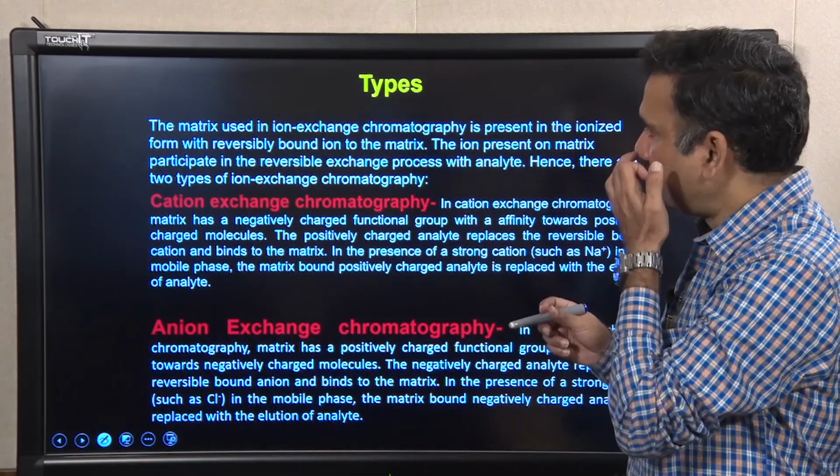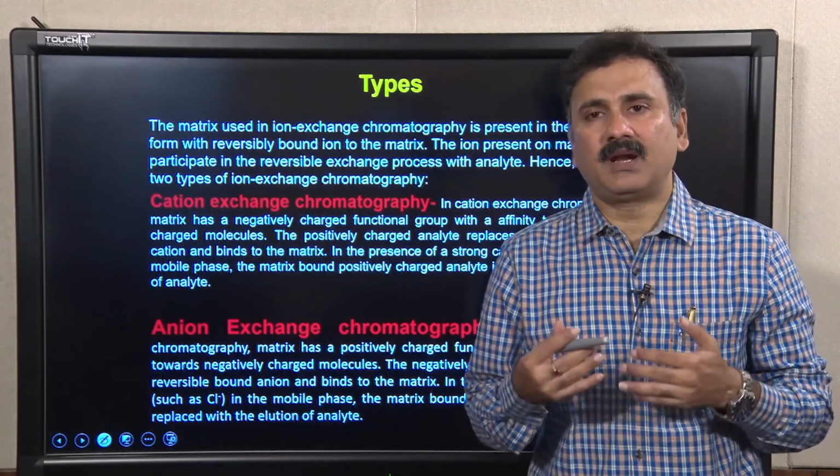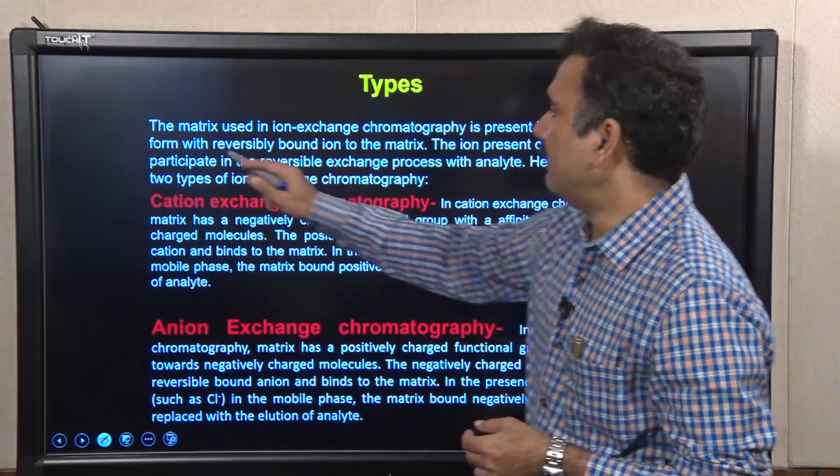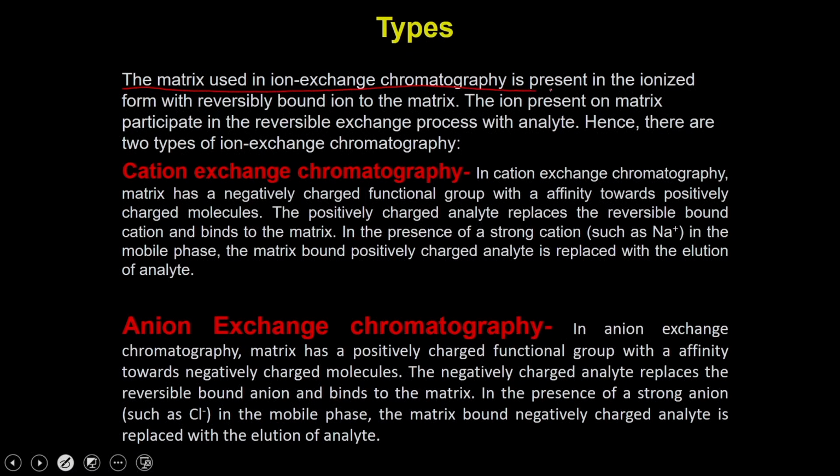Now, what are the different types of matrix which are available for performing ion exchange chromatography? The matrix used in ion exchange chromatography is present in ionized form with a reversibly bound ion, which means the matrix has a positive or a negative charge.